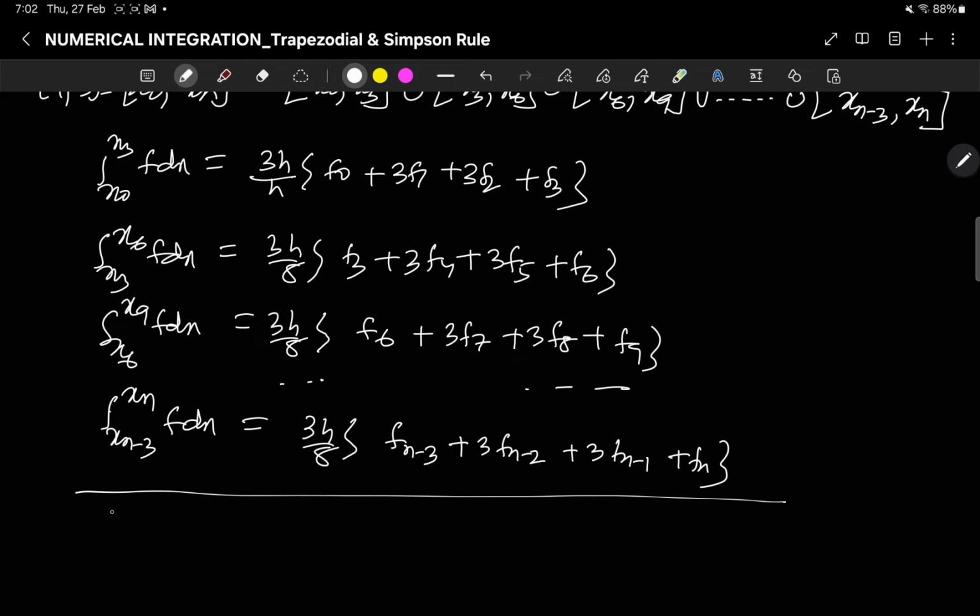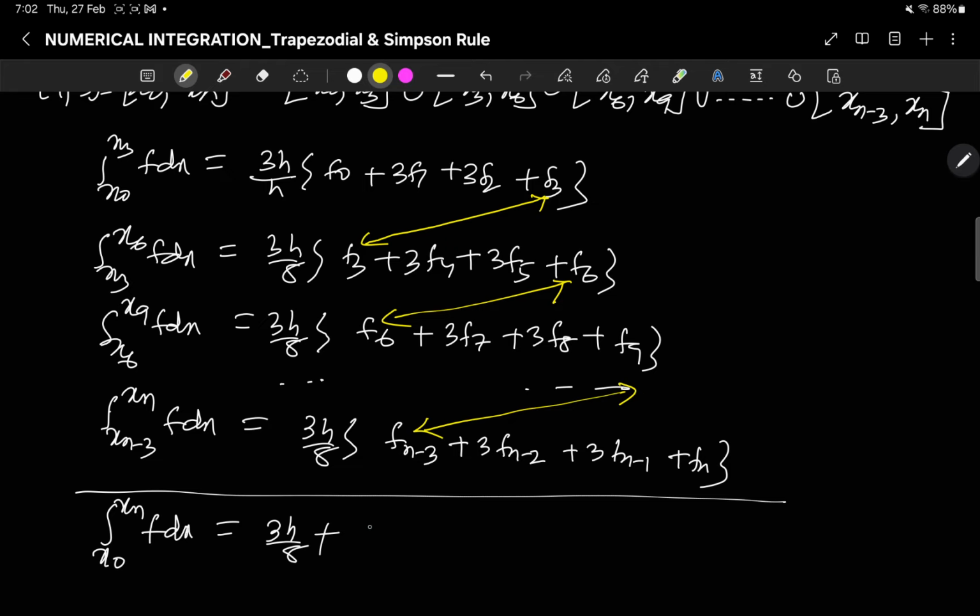and finally if you take the union, it will be x0 to xn f dx will be 3h by 8. You see here, f3 will be twice, f6 will be twice, and fn minus 3 will be twice.